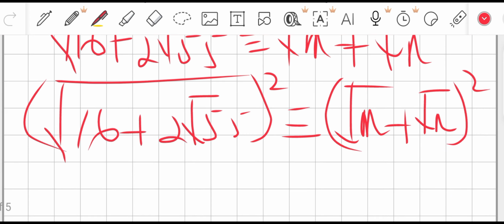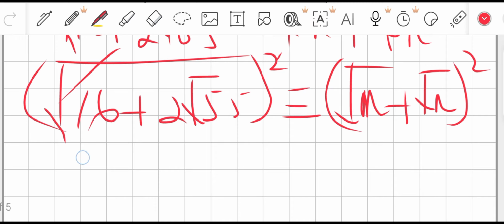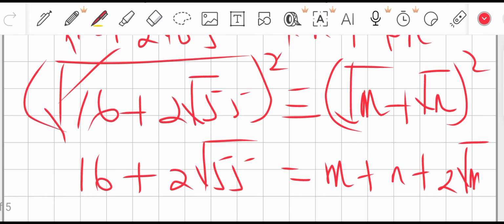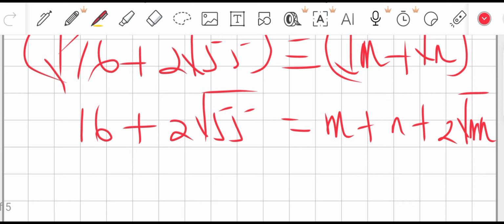Note that when this is done, this will nullify this, which means that we are left with 16 plus 2 root 55. That is equal to, at this end, m plus n plus 2 root mn. Right. At this level, what we can do is comparison.